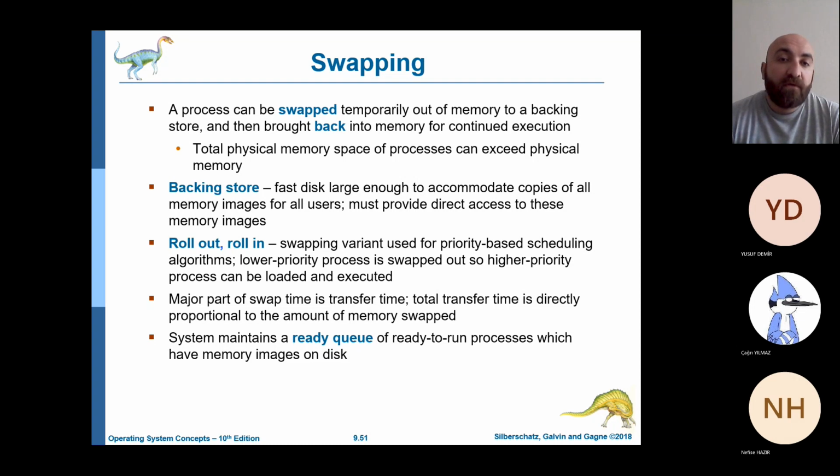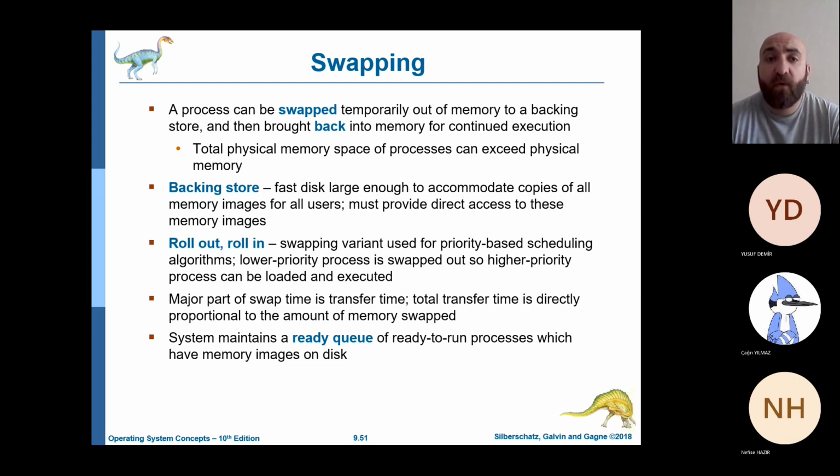Standard swapping involves moving an entire process between main memory and a backing store. The backing store could be a fast secondary storage. It must be large enough to accommodate whatever parts of the process need to be stored and retrieved, and it must provide direct access to these memory images.